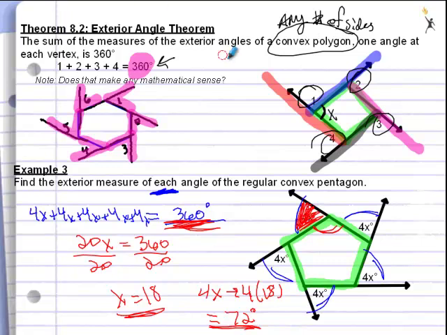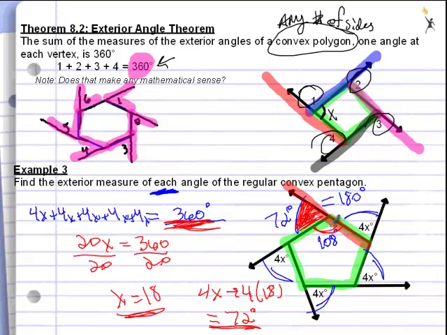Why can you figure out the interior angle if you are only given the exterior angle? What do the exterior and the interior add up to be? The answer is 180 degrees. If the exterior angle is 72, then the interior angle is 180 minus 72, or in this case, 108.